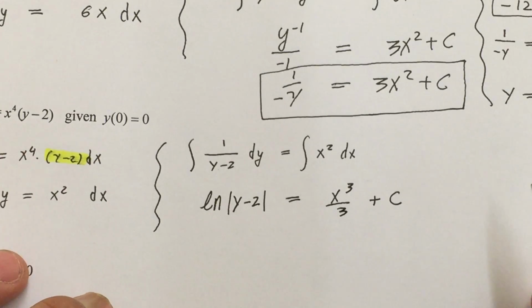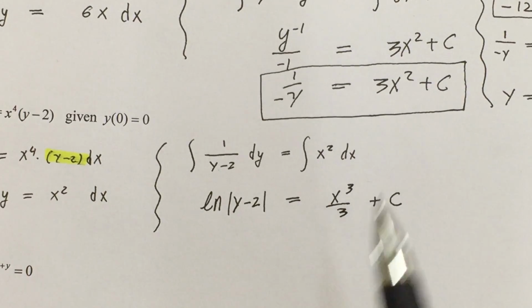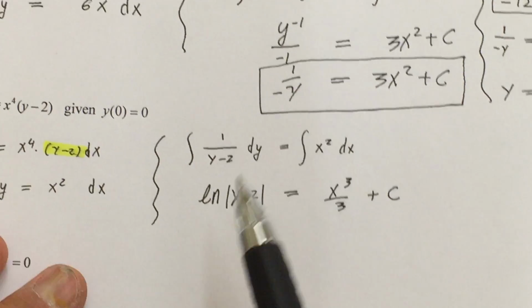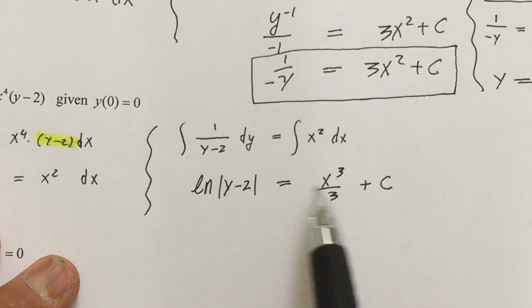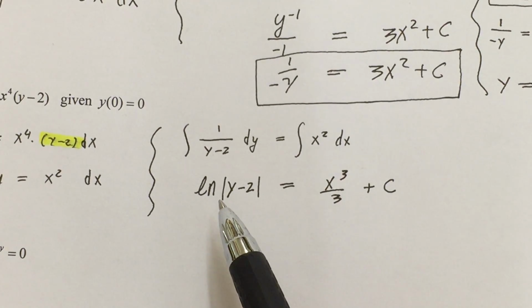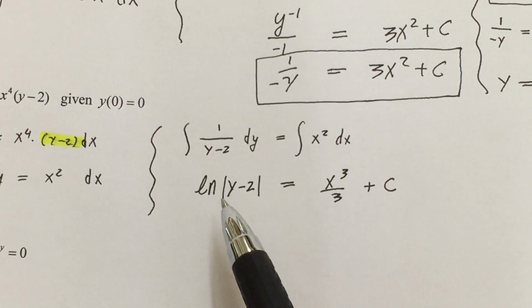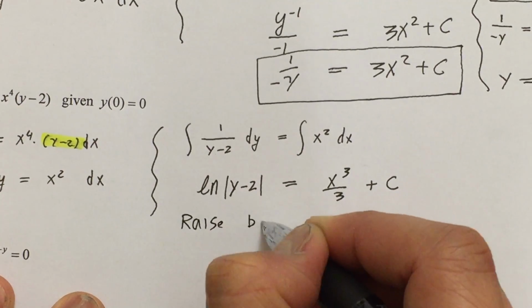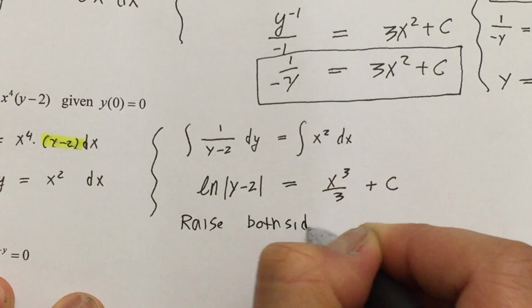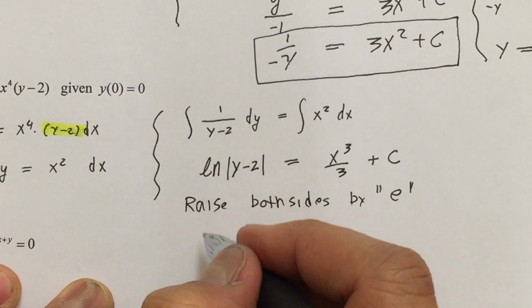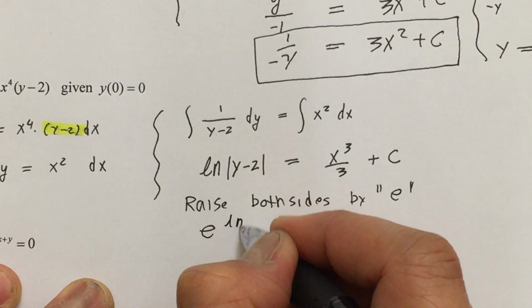Okay, remember, we're trying to solve for y. So here's the next step. Whenever there's an ln in an equation, you may get rid of the ln if you raise both sides by e. So I will raise both sides by e. That's what it's going to look like.